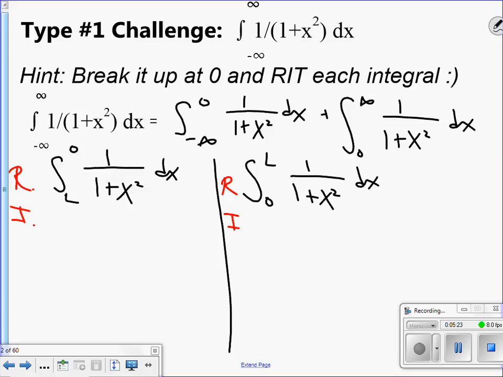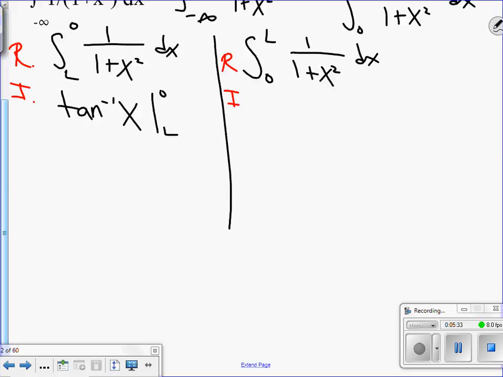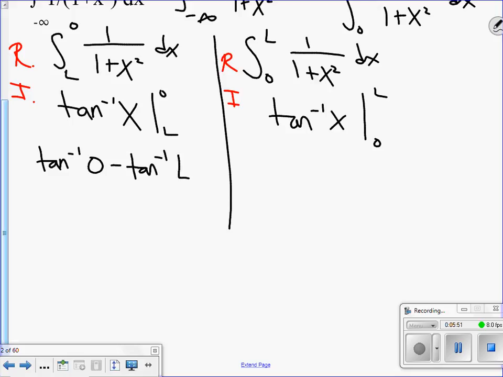We'll work on this one on the left first. I mean, they're the same thing. Or maybe I'll do both at the same time. And we still have to plug in upper and lower and subtract. Inverse tan of 0 minus inverse tan of L. This is the inverse tan of L minus inverse tan of zero.